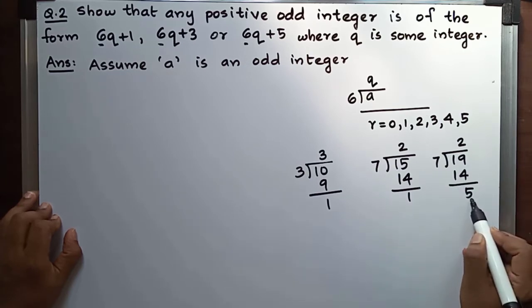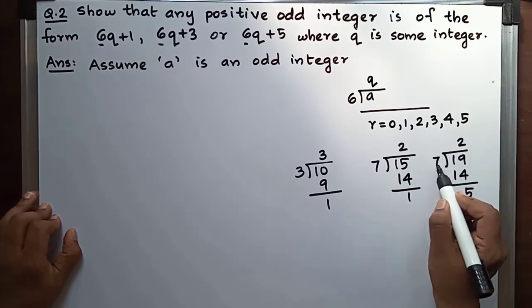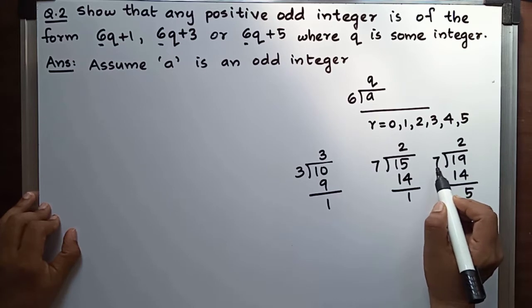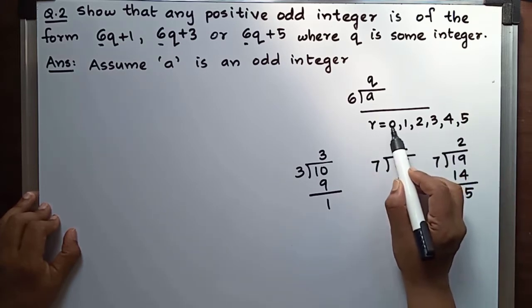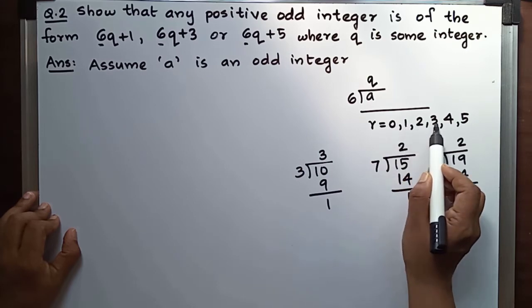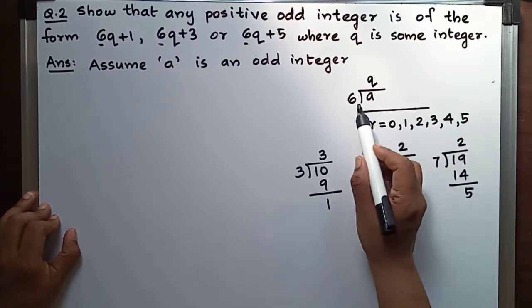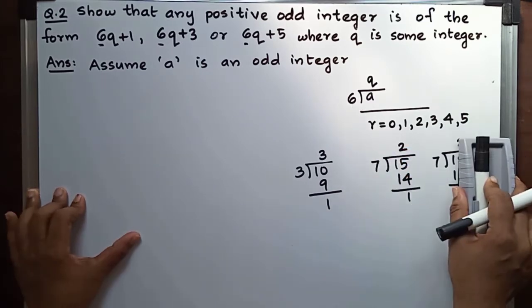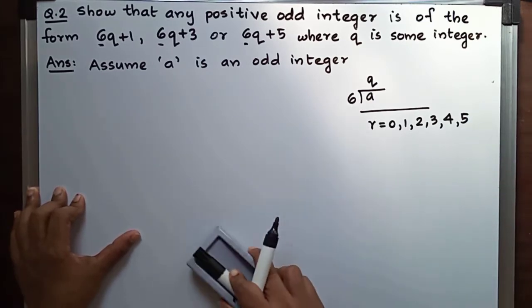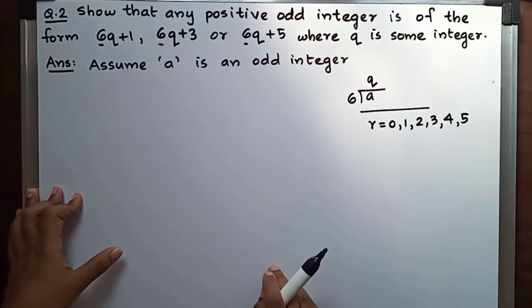The remainder will never exceed the divisor. Okay? That is why we wrote it like this. Remainders can be 0, 1, 2, 3, 4, 5. That means below 6. Any number below 6 can be the remainder.